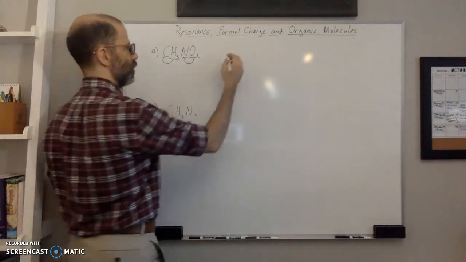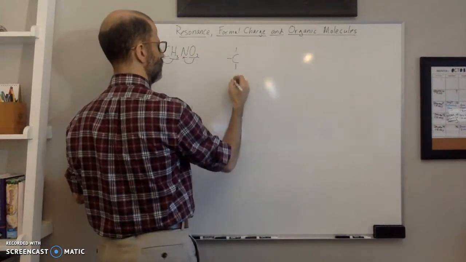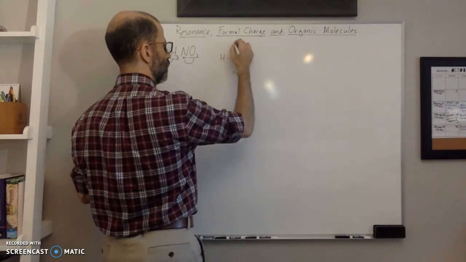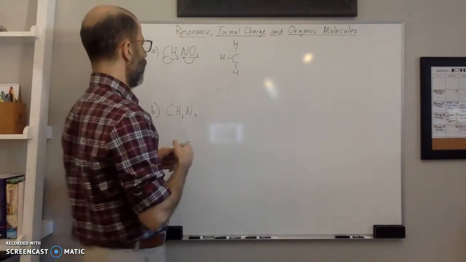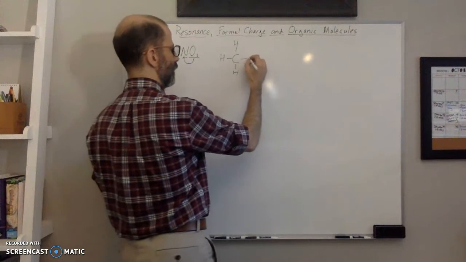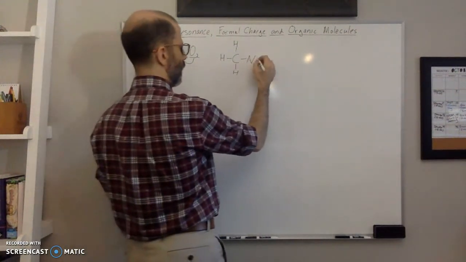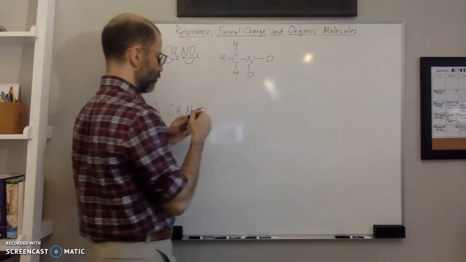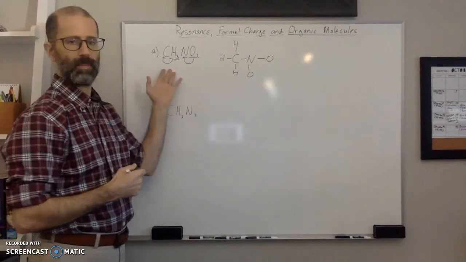So the structure would be the three hydrogens bonded to the carbon, the nitrogen bonded to the carbon, and the two oxygens bonded to the nitrogen. This would be our skeletal structure for the organic molecule.